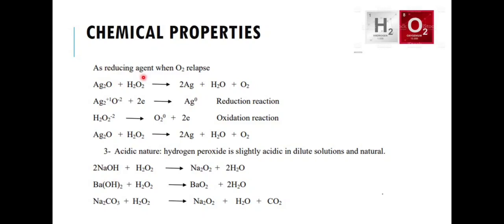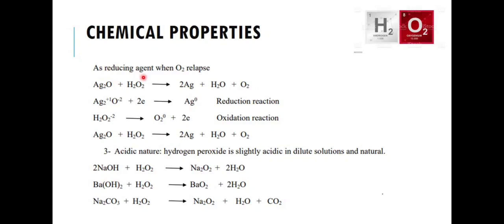The third property is weak acidic property. Hydrogen peroxide is slightly acidic in dilute solutions. So when it reacts with metal hydroxide, it will give the corresponding salt. For example, hydrogen peroxide treated with sodium hydroxide will give sodium peroxide.